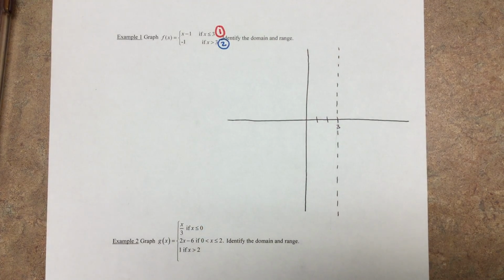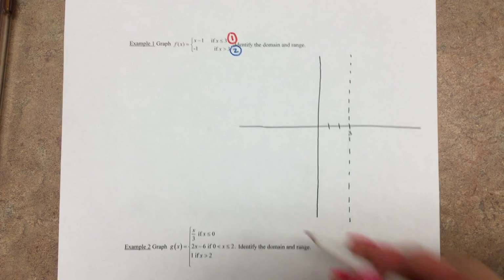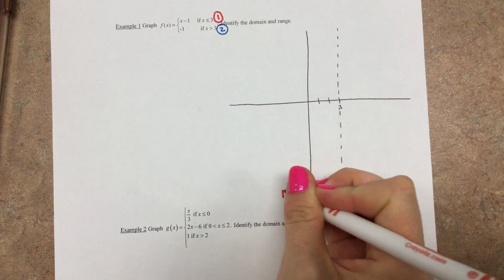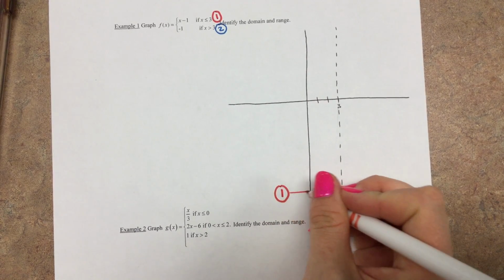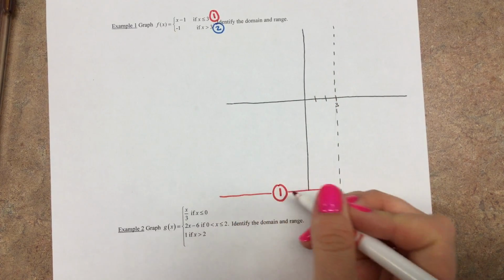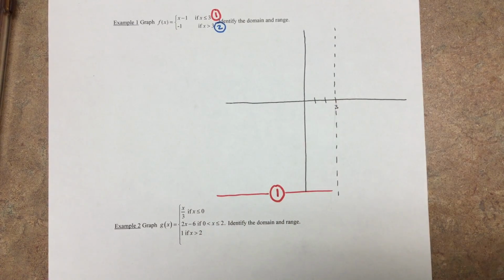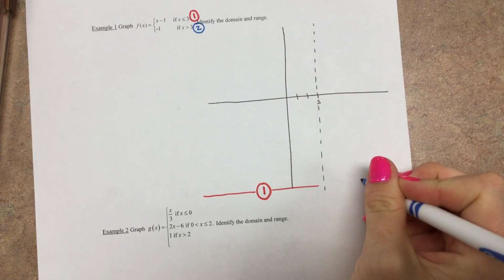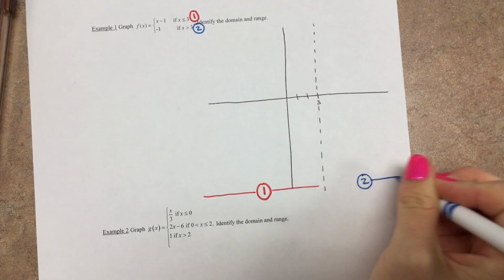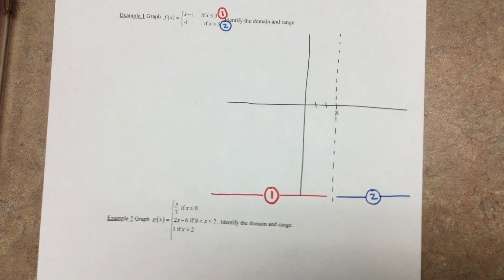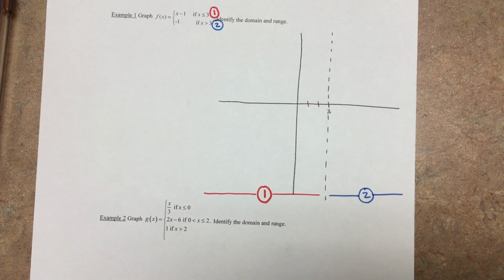Okay, so first one, second one. So this is graph number 1's domain right here. So graph number 1 gets to take up like this whole area right here, and then there's a fence, and then this is graph number 2's property over here. Okay, so it's really important to make sure you know how it divides and that you know that these graphs can't cross over the line.